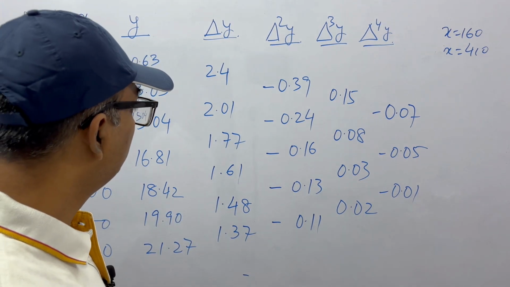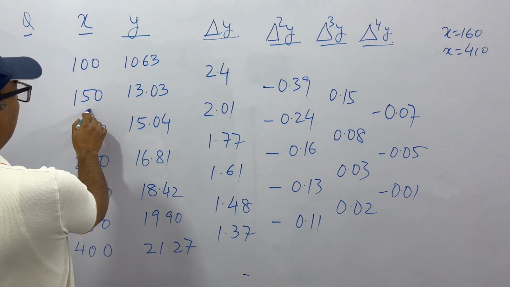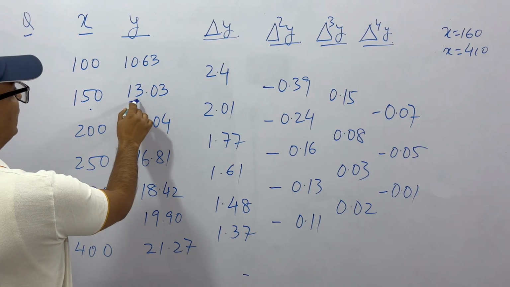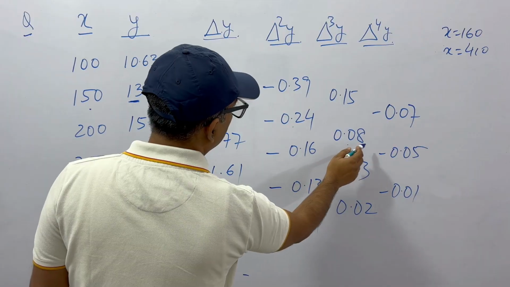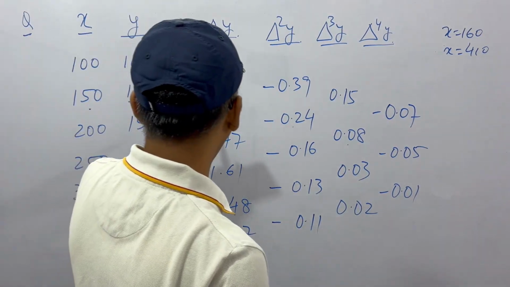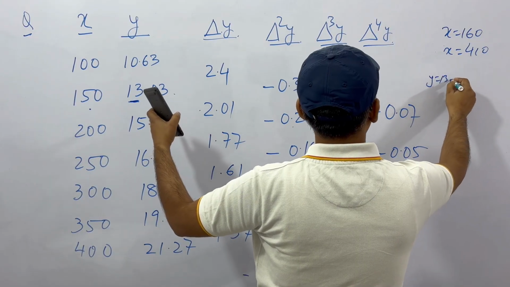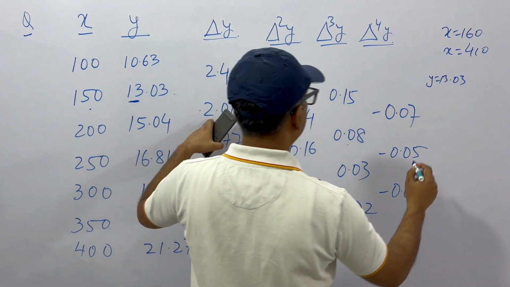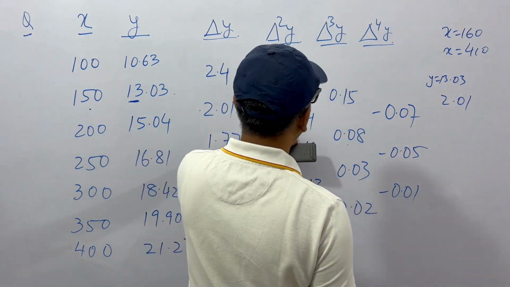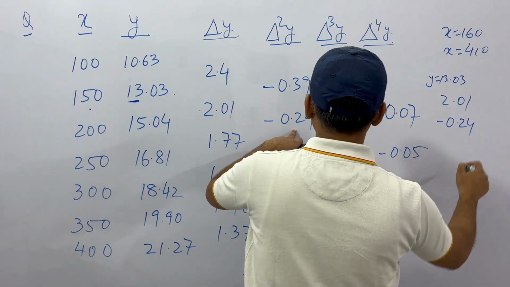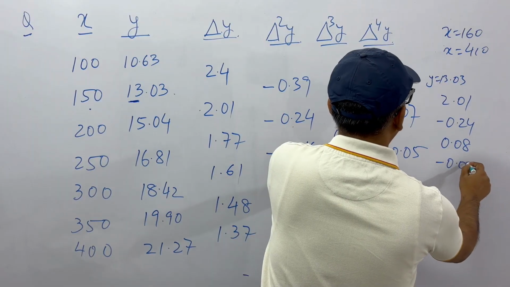What will we require? For 160, this lies here, so we'll have to start from here. So our difference table will be this: 2.01, 0.24, 0.08, 0.05. I am writing the values because I'll have to rub this board. For y equal to 13.03, the differences will be 2.01, then 0.24, 0.08 and minus 0.05.